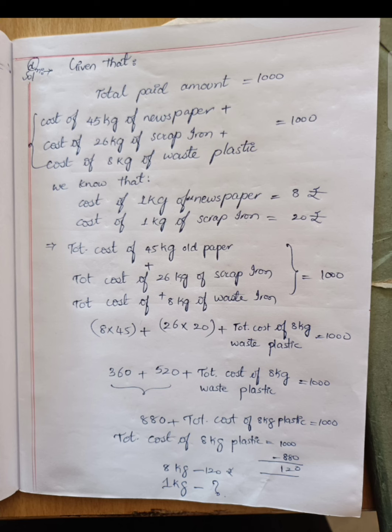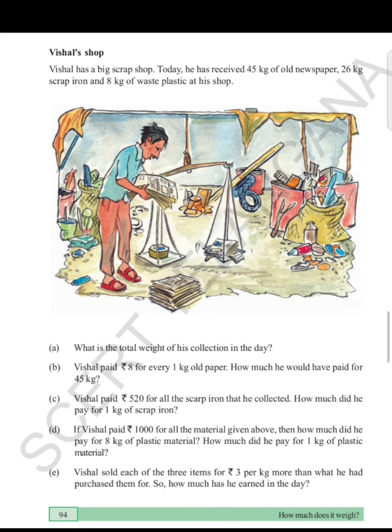Now let's move to question E. Okay, so what is the problem here? Vishal sold each of the 3 items for rupees 3 per kg more than what he had purchased them for. So how much has he earned in the day?